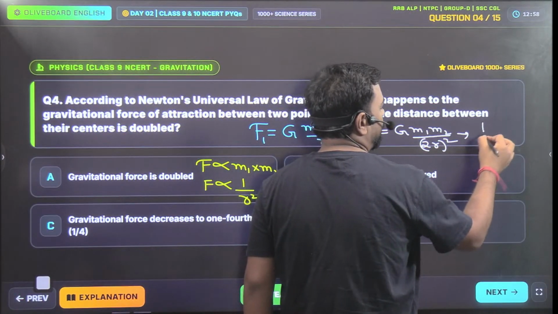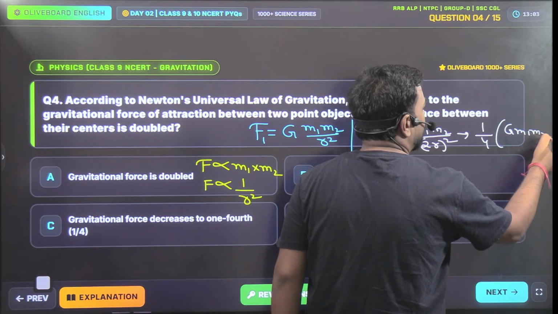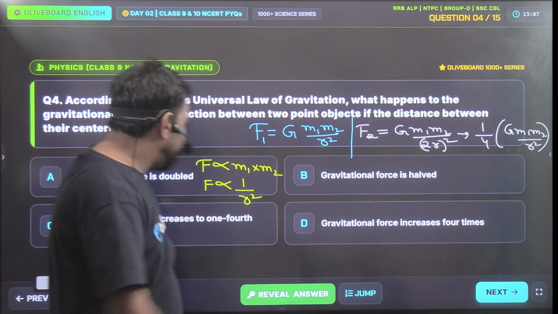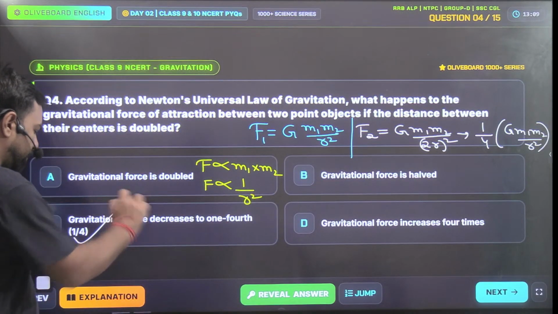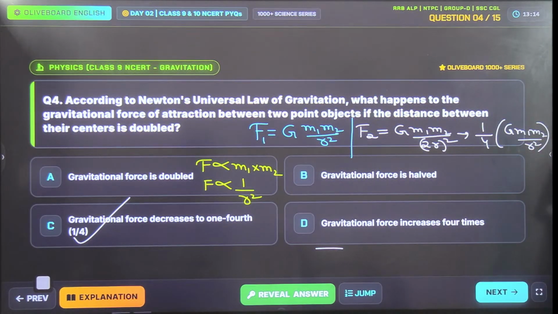It's like 1 upon 4 G m1 m2 upon r square, because 2 2s are 4. So it will become 1/4. So please tell me, is this point clear? Ankita, any doubts here? So what will happen? It is going to become 1/4, right?